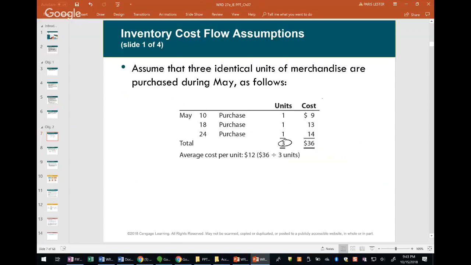And what FIFO and LIFO is about, we go back and take inventory, and we've only got 1. What price do we put on that 1 unit? Do we put $9 on it? Or do we put $14 on it? Or do we take an average of $12? Average is another method, okay?